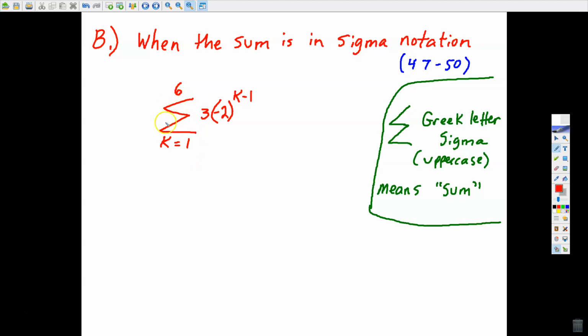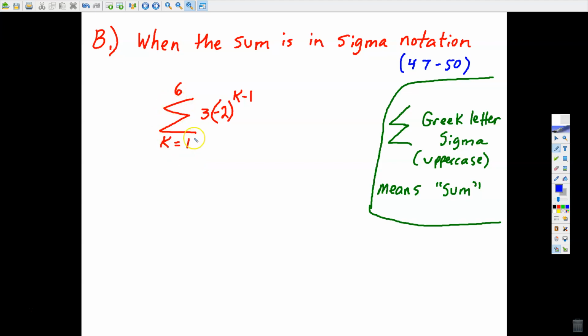So sigma notation, sometimes also known as summation notation, is really a shortcut way of showing the sum of an entire series. So let me just run through this real quick and give you an idea of how this works.